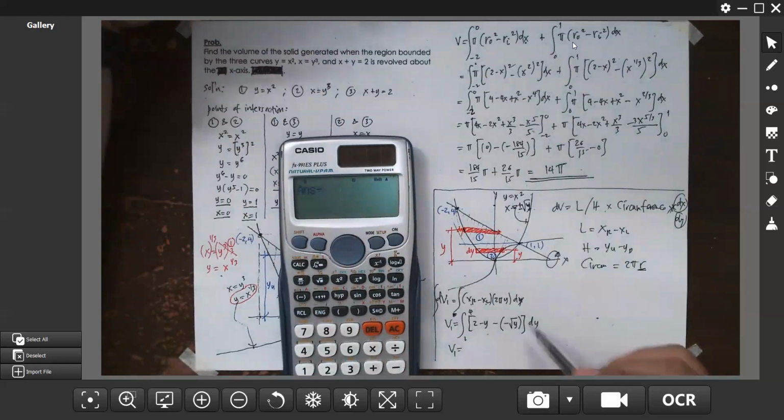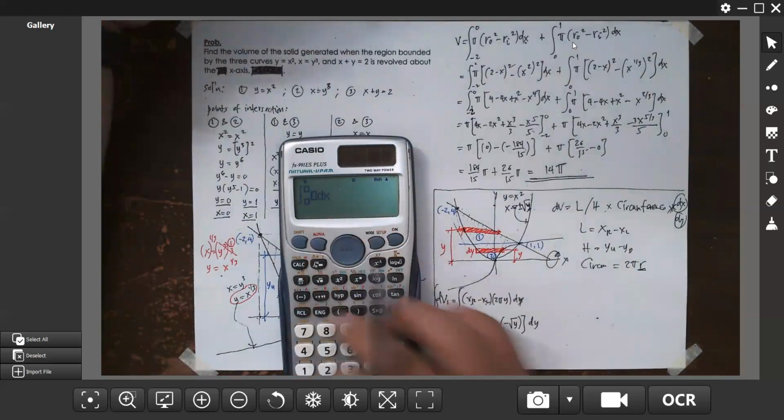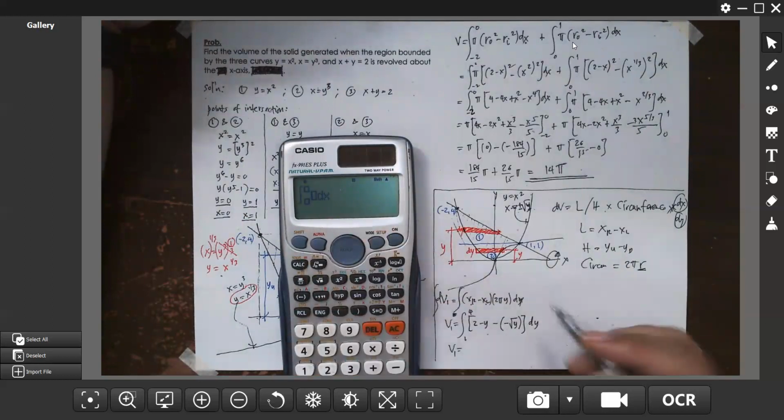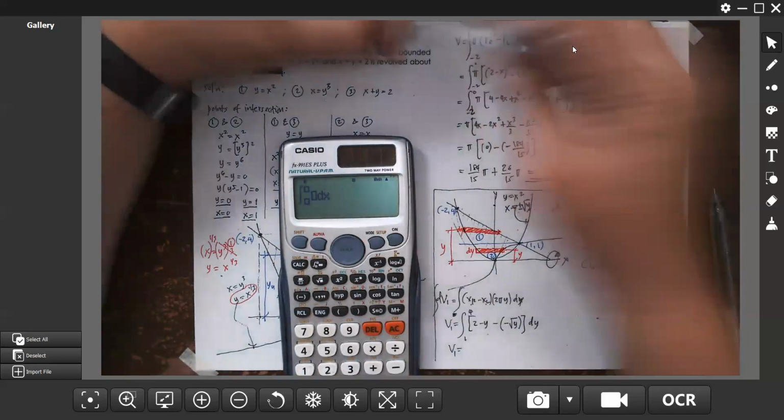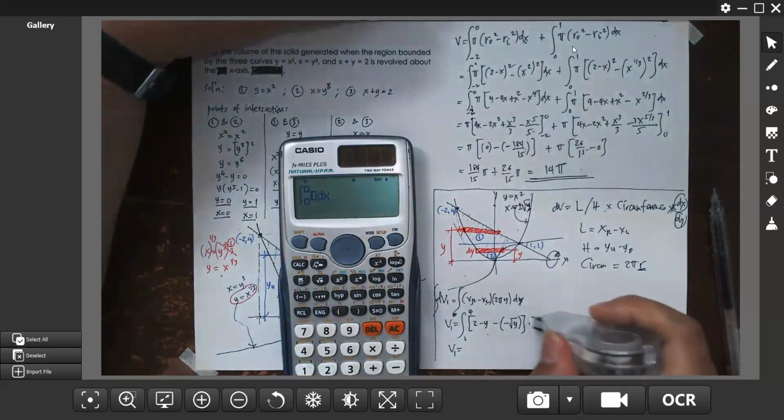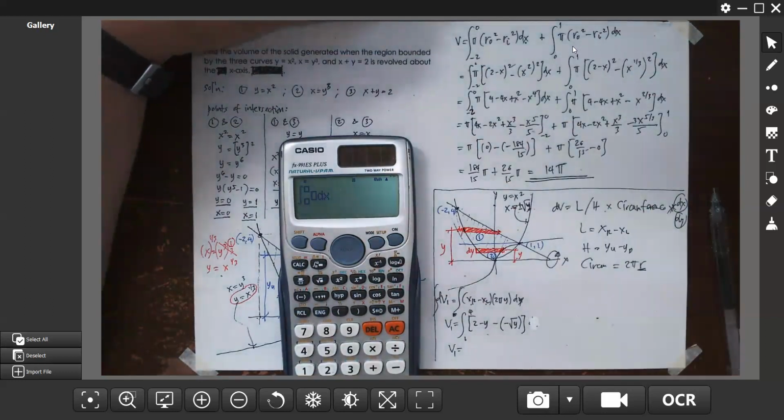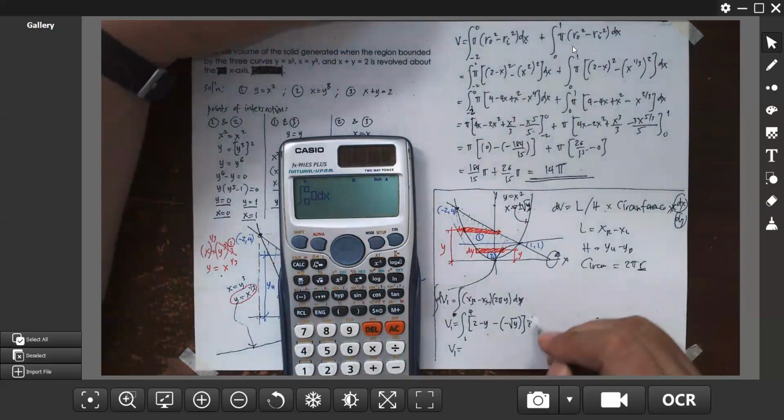Let's have a direct solution using the calculator. Integral of, times 2 pi y, times 2 pi y dy.